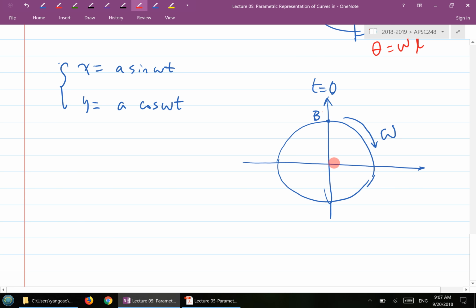So let's do the same thing. If I give it a certain time and it ends up at this point P here, this time it's moving this way.